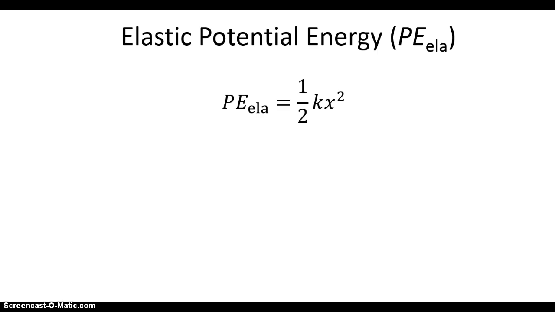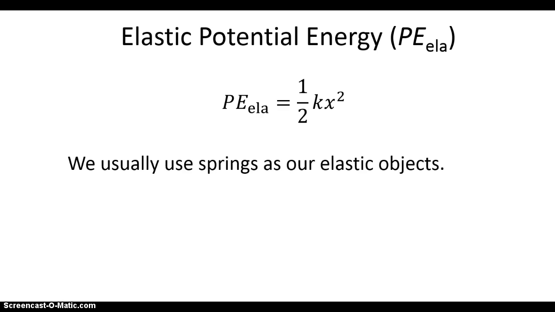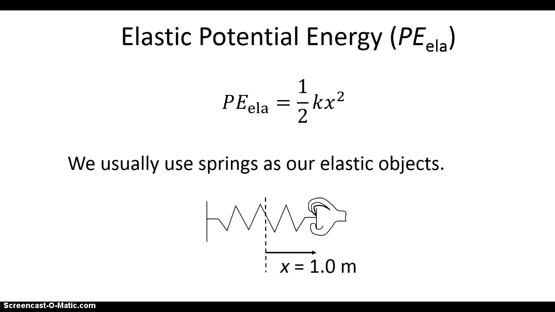In our problem solving, we are usually going to be using springs as our elastic objects. So here's a spring. Imagine you take the end of the spring, you grip it with your hand, and you pull it back some distance. Here's where the spring normally sits or rests. That's just the natural resting position of the spring. We have moved this spring, let's say, a distance of 1.0 meters.